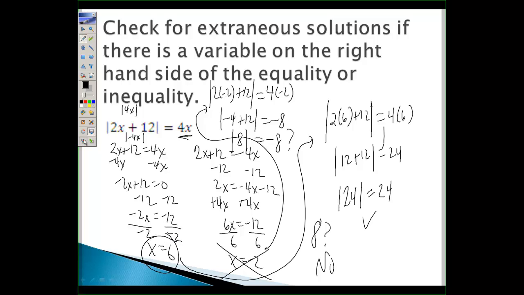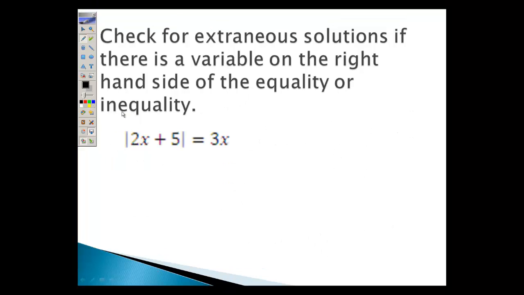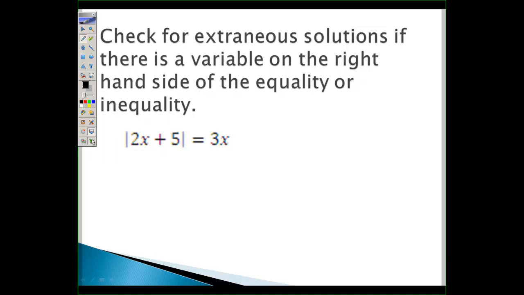So let's take a look at another one here. Absolute value of 2x plus 5 equals 3x. I'm going to cut right to the chase, my two equations: one positive on the right-hand side, one negative on the right-hand side. Do a little algebra.